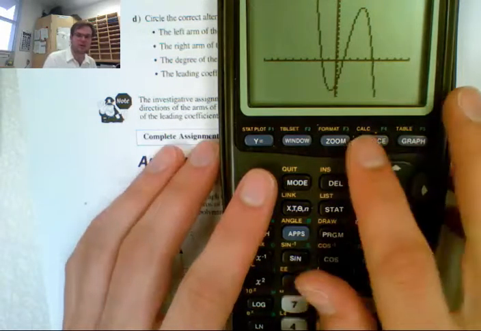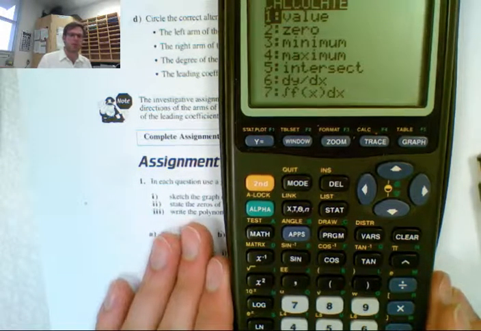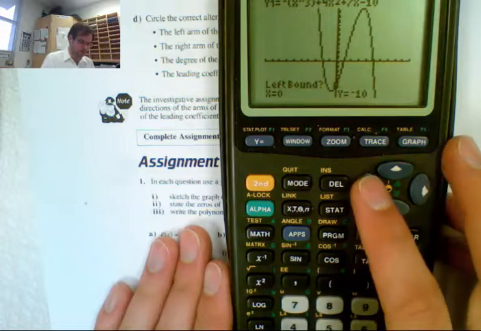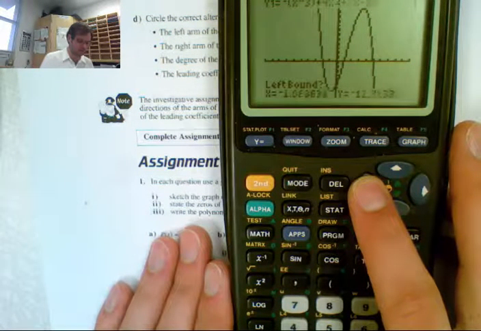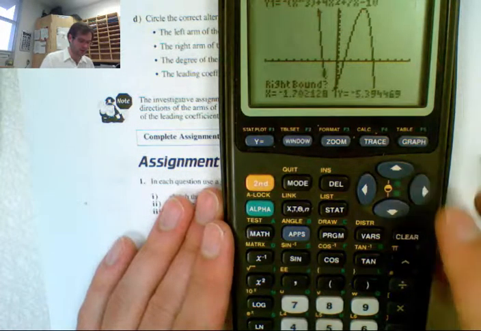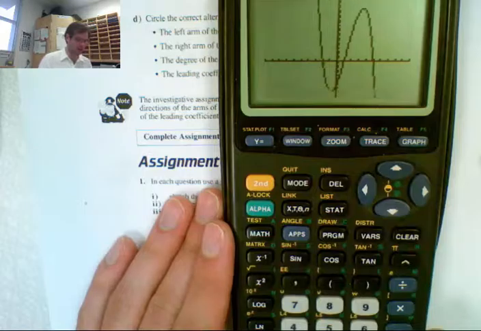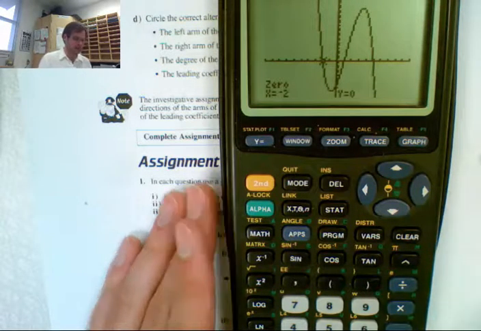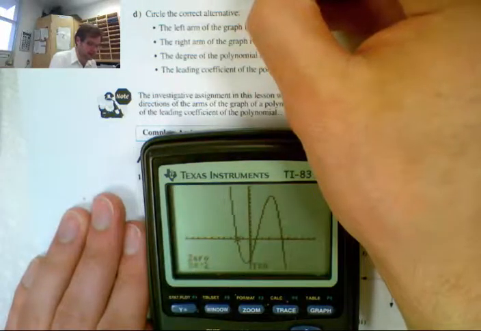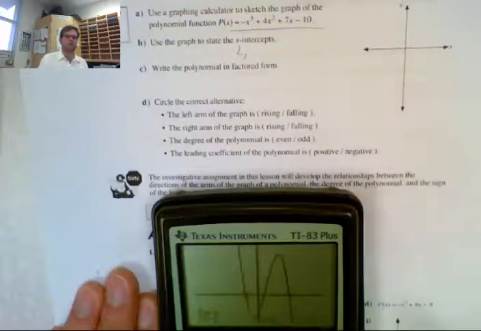We're going to go second calculate, and we want to find my zeros. We go to the first one here, go left of it, then right of it, and then choose a guess in the middle, and I get -2. So my first x-intercept is at -2.